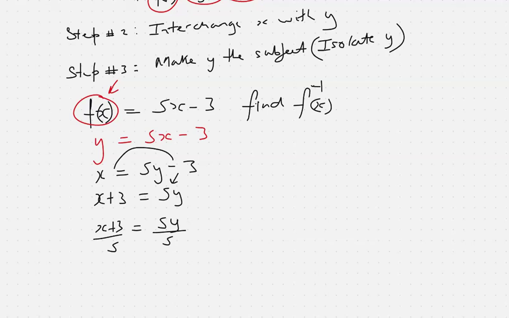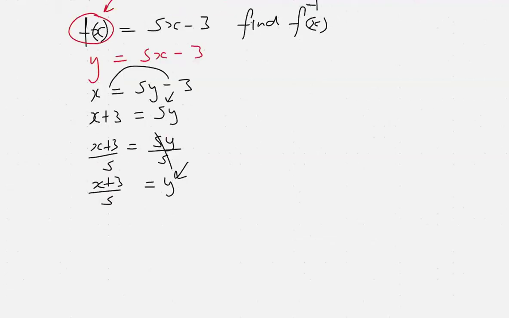Now, ladies and gentlemen, the moment you get y by itself, you have obtained the inverse. So always draw the conclusion. The question didn't say you must find y, the question says you must find f inverse. But we know that when we find y, we find the inverse.